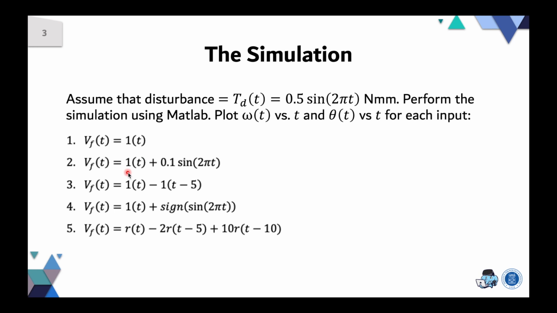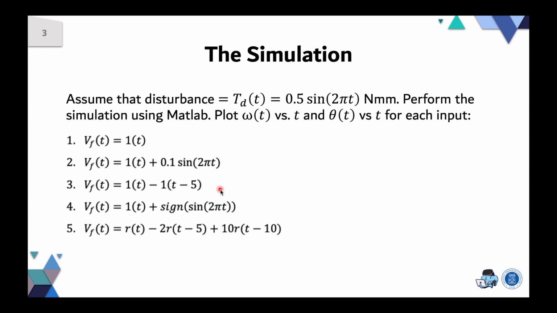For the second one, step function plus a sinusoidal function with amplitude of 0.1. This one is a step function that steps when t is equal to 0. And this one is another step function that steps at t equal to 5 seconds, and so on.